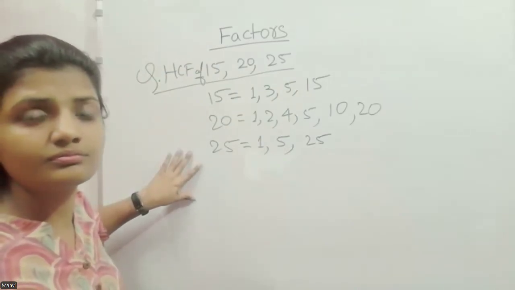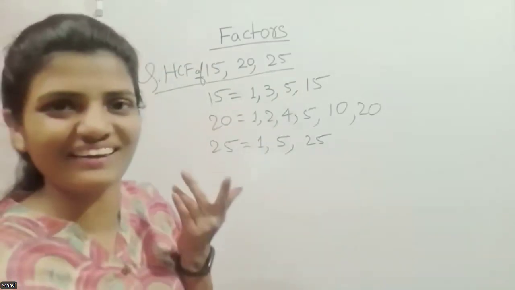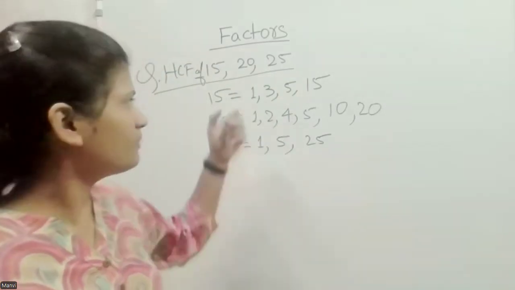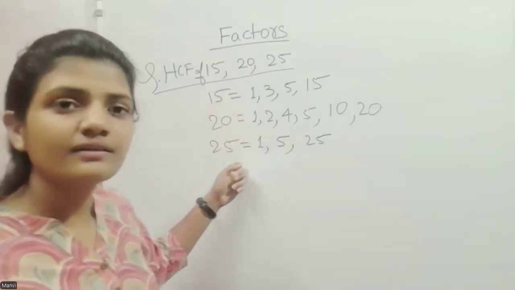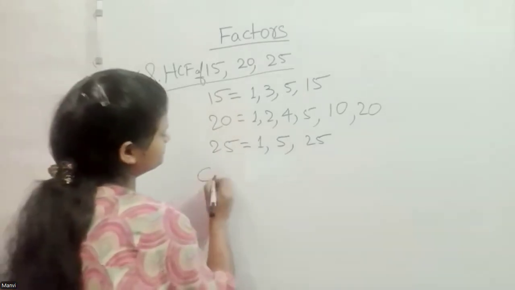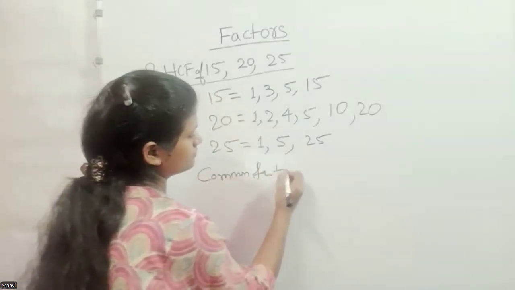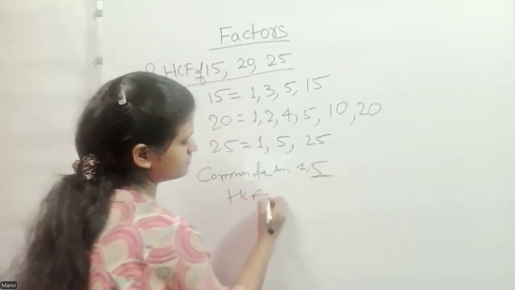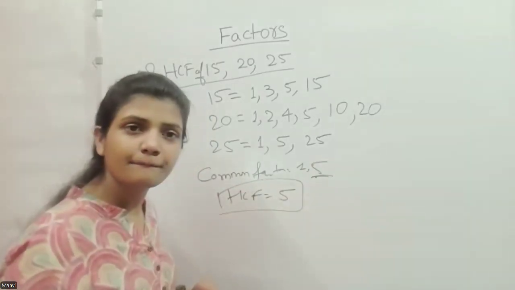After that, you need to find the highest common factor. First common factor, then highest. So what are the common factors? 1 and 5. And the highest is 5. So HCF is 5. Okay?